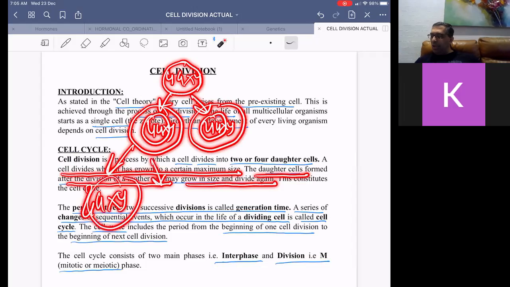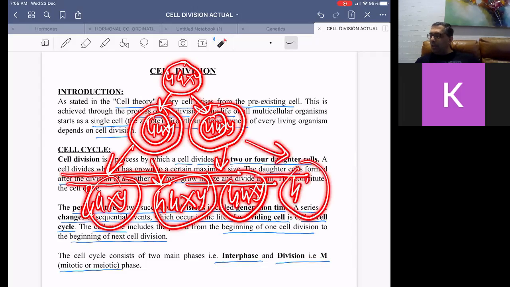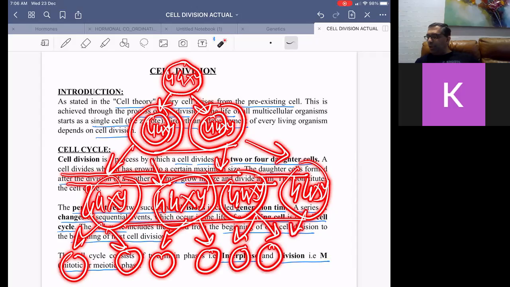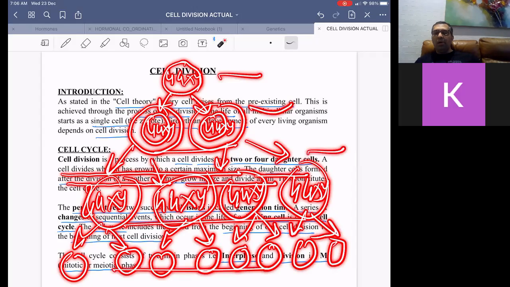So, cell division becomes a continuous process, and continuously you have one cell becoming two cells becoming four cells, which will divide to form eight cells, and eight cells will divide to form 16 cells, and so on. And that is the way continuous cell division will take place. So 1 becomes 2, 2 becomes 4, 4 becomes 8, and so on.